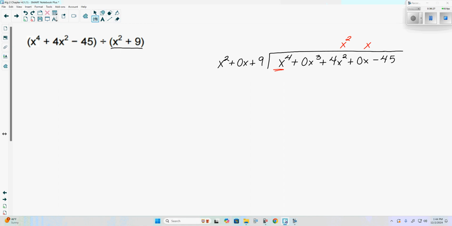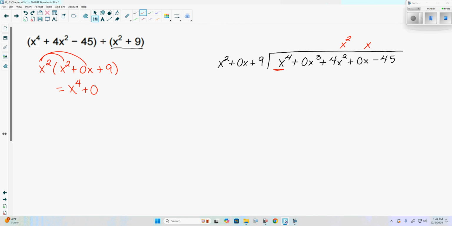And we'll do our multiplication like we've been doing. X squared times our x squared plus 0x plus 9. X squared times x squared is indeed x to the fourth. 1 times x to the fourth, or x to the fourth. X squared times 0x, well, the number will indeed stay 0, yes?